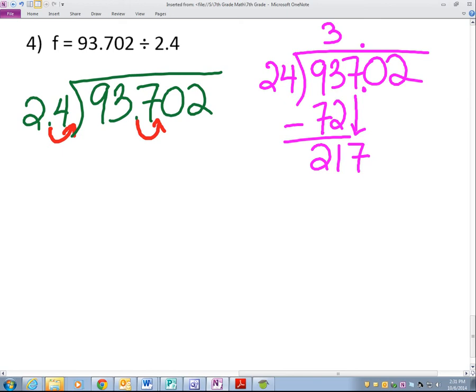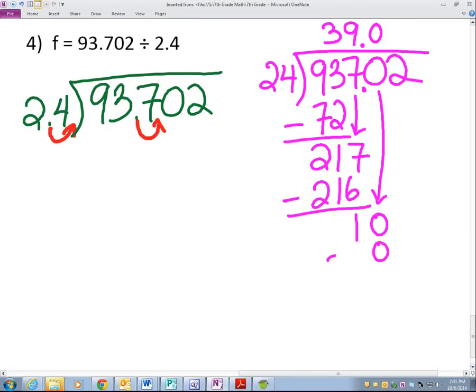24 goes into 217 9 times. 9 times 24 is 216. Does not go into 10. 24 times 4 is 96.